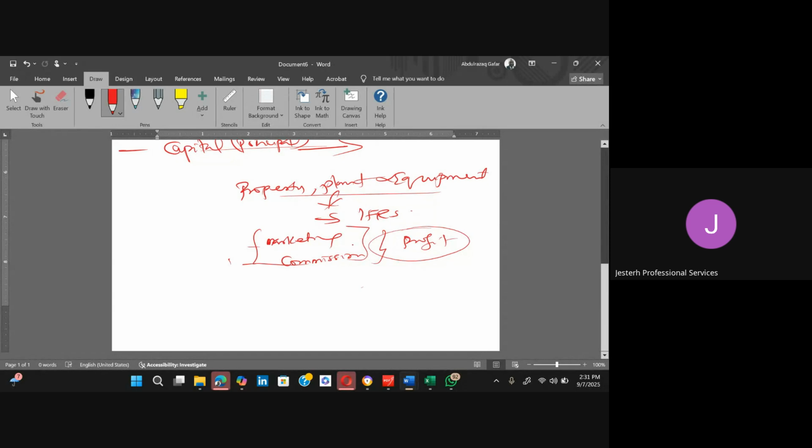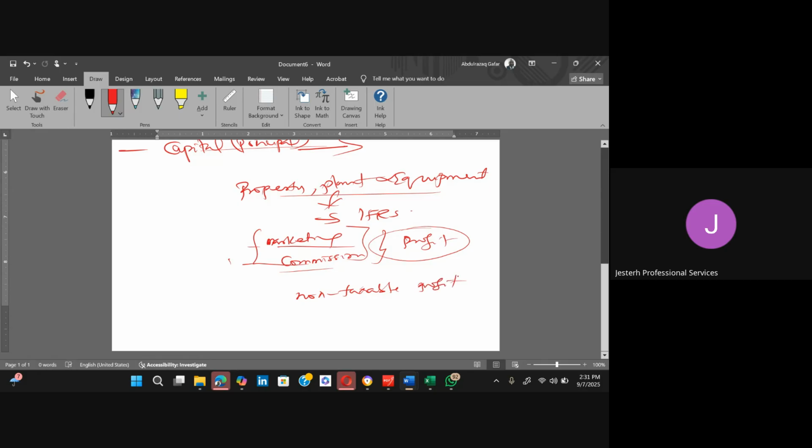I hope you are getting this. The profit that you made from this property, plant, and equipment is a non-taxable profit.